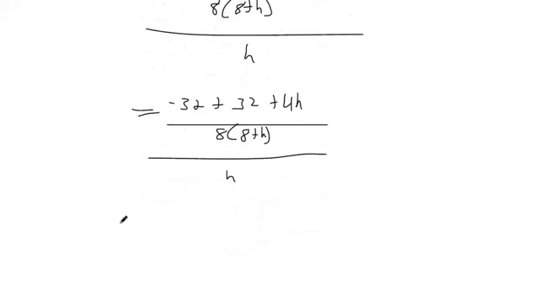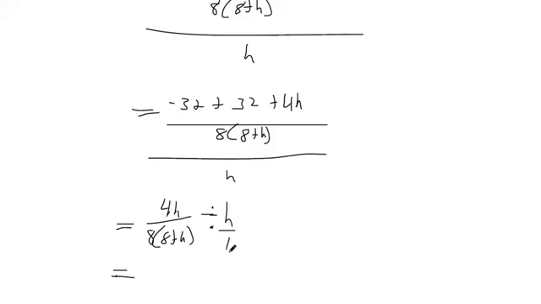So it's like a triple stack of fraction. But the negative 32 and the plus 32 cancel out. So we're left with 4H over 8 times 8 plus H. And we could say divide H in the bottom, or this is equivalent, right? You're dividing that fraction by H off to the side here. Okay? So writing it instead of like a triple stack of fraction, we can write it like this, and that might make it a little more clear what we have to do.